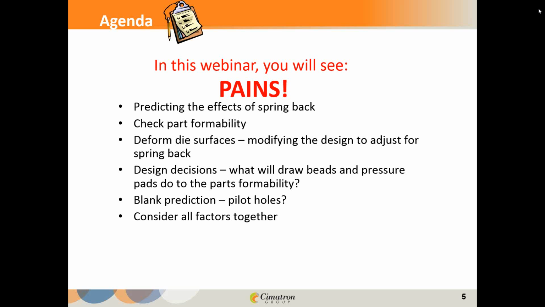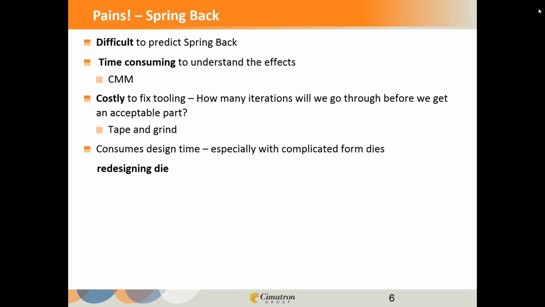There are a lot of decisions that are made when building a die, things dealing with pressure pads, draw beads, the pilot holes. All of these paint a picture of what the die is going to look like, how it's going to operate. So as we add one factor in, does it change things? The important thing is that we'll be able to consider all these factors together to assess whether the part is formable and how we can deal with issues such as springback.